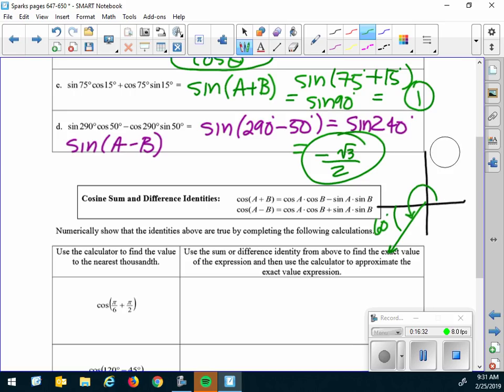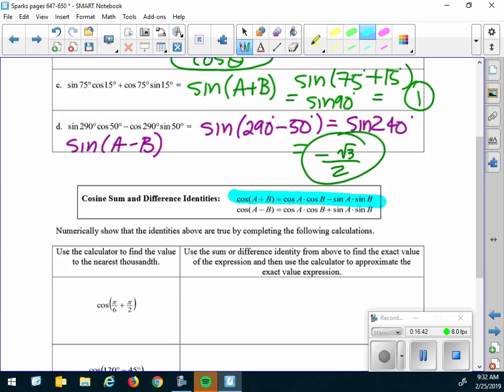We've done everything with sine. Now let's go to cosine. Cosine's formulas are similar, so you're going to have to be careful not to get them mixed up. The cosine with a plus and the cosine with a minus. Notice when it's cosine that the trig functions are the same, but the sign here is different.